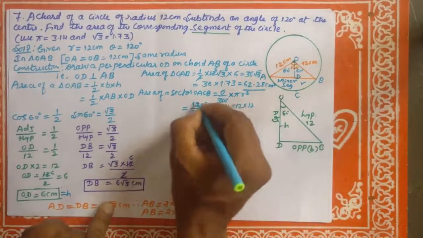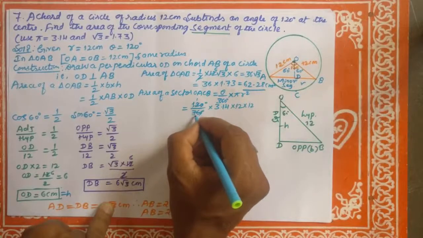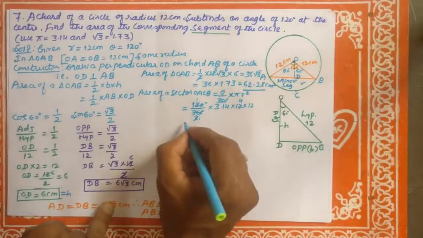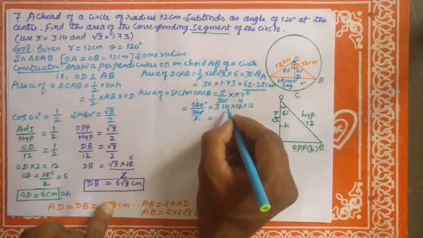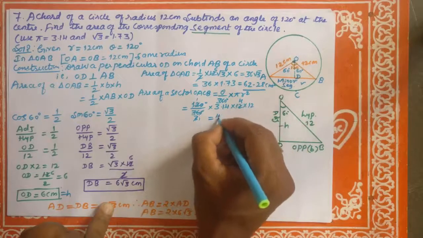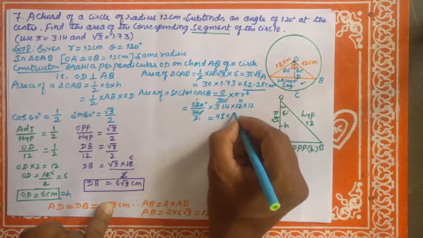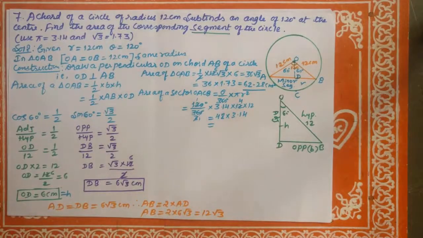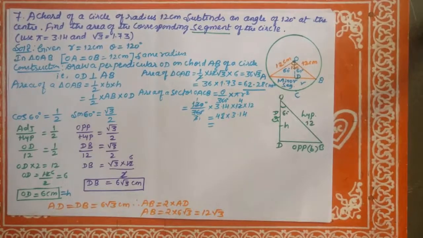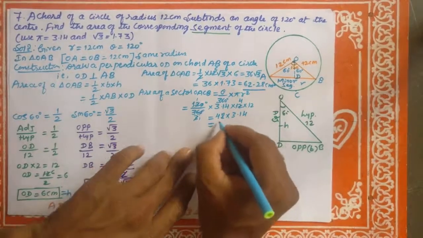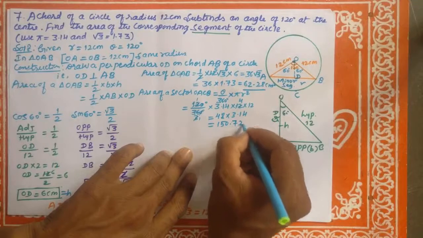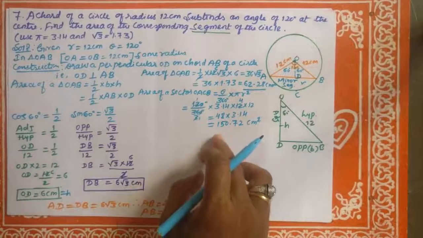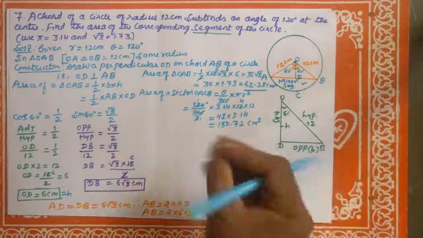Zeros will get cancelled, and 12 ones are 12, 12 threes are 36. 3 ones are 3, 3 fours are 12, which is 12 fours are 48. 48 into 3.14, that is 150.72 square centimeter. I am doing this calculation in the calculator, so we have to multiply.